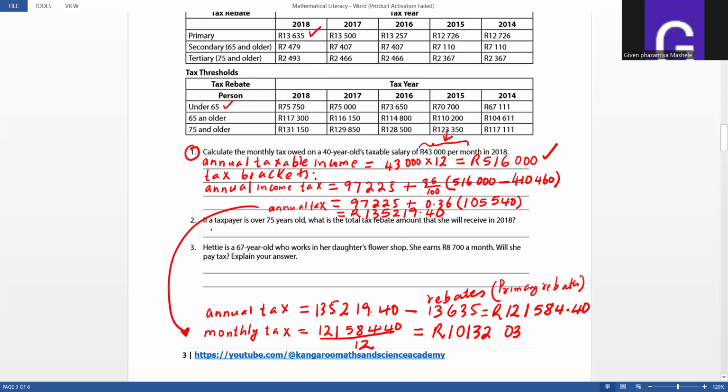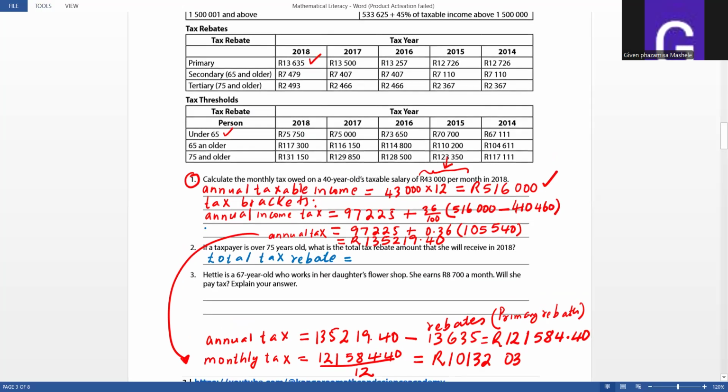Here we want to know the total tax rebates this person will receive. Obviously, a person who's over 75 years is under tertiary, and a person under tertiary qualifies for primary, secondary, and tertiary. So we need to add these amounts.